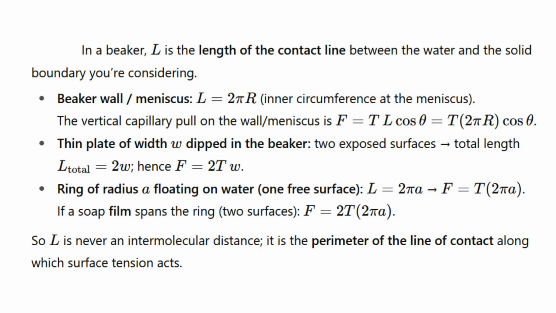So that inner circumference, where the liquid and the inner wall of the beaker have the common contact. So along the 2 pi r, the L acts, that is, this surface tension acts.